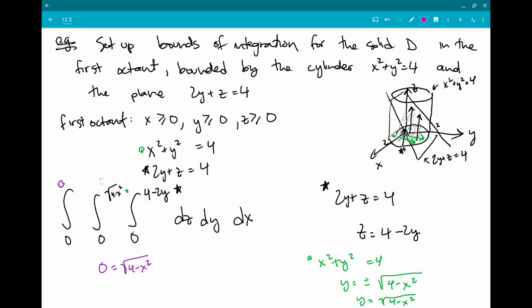If we care about when the upper bound for y touches the lower bound for y, we've got 0 equals 4 minus x squared. Undo the square root. x equals plus or minus 2. And again, x is bounded below by 0, so we don't care about the minus 2. So we use x equals 2. So our upper bound for x, the furthest out it comes, is up to 2. And that's how we would set up the bounds of integration for this problem.